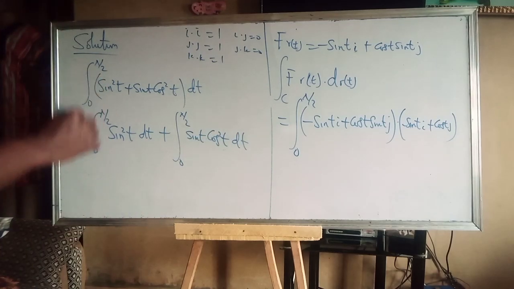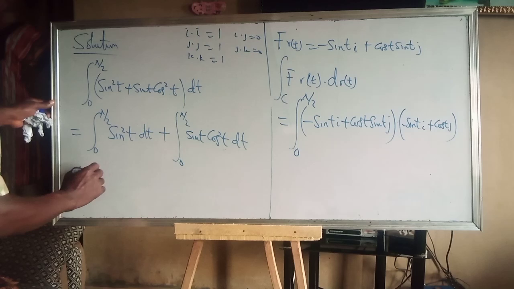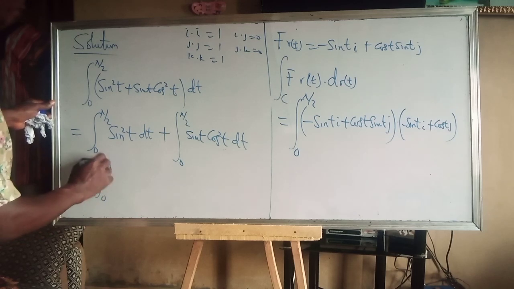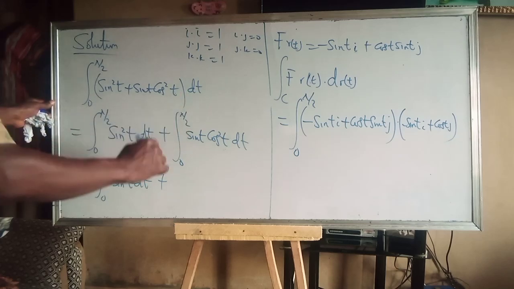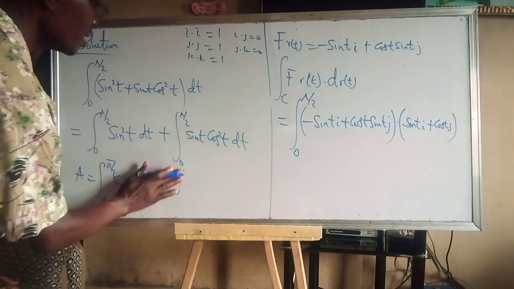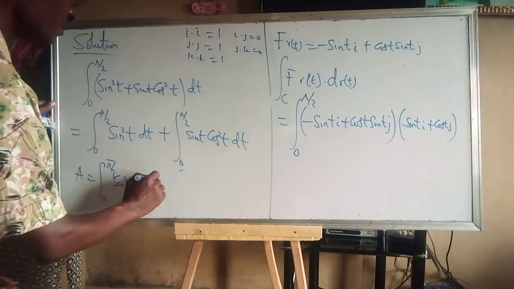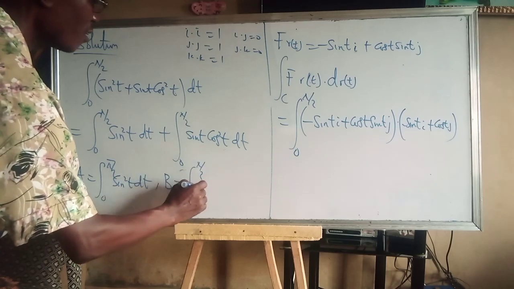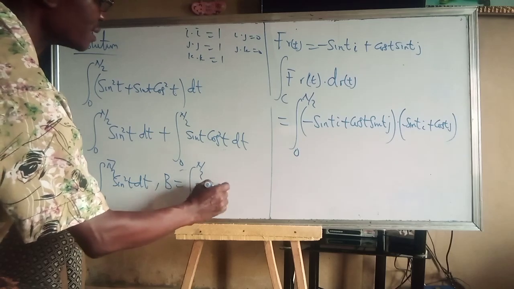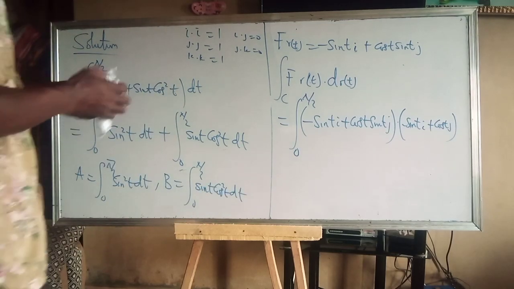So here we can say that our A is the first one, the integral from 0 to pi over 2 of sine square t dt, and the next one is our B. So let B be equal to the integral from 0 to pi over 2 of sine t cos square t dt. So we separately solve them and later combine them together.